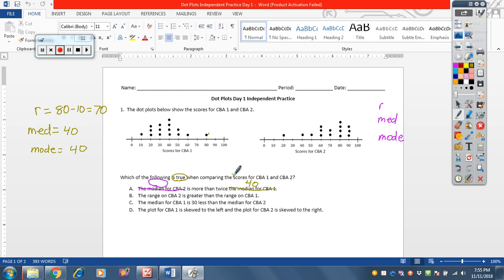And then reread it. Blank is more than twice 40. Now twice means times 2. Oops, is more than. It has to be more than, not equal to. So if the median is more than 2 times 40, if the median is more than 80, A is true.